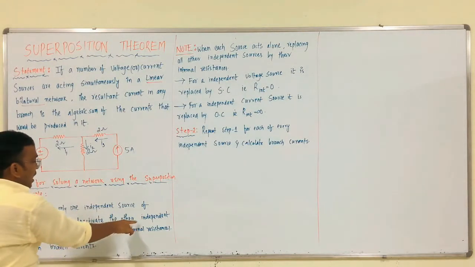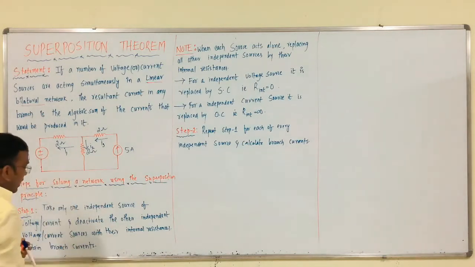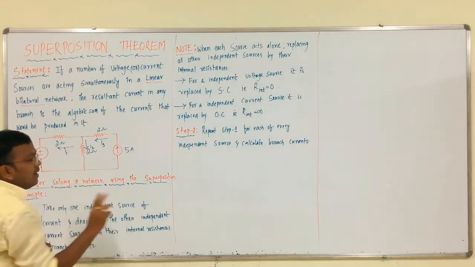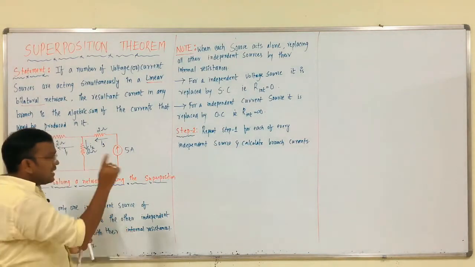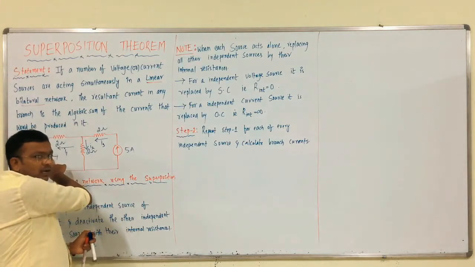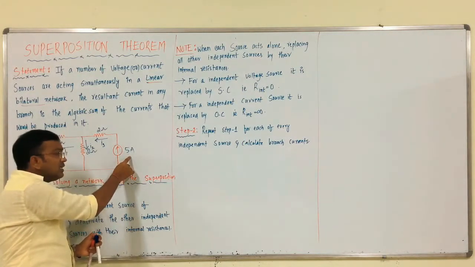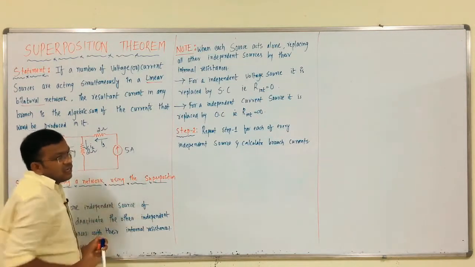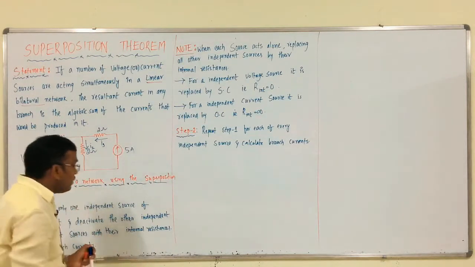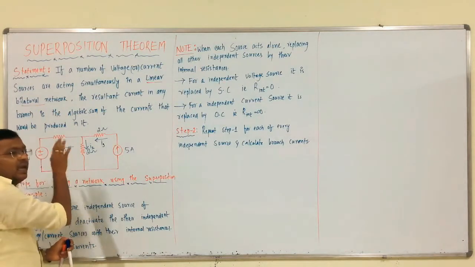And deactivate the other independent voltage or current source with their internal resistance and obtain branch currents. So, in the first case we activate this voltage source and deactivate this current source with its internal resistance, or deactivate this voltage source with its internal resistance.